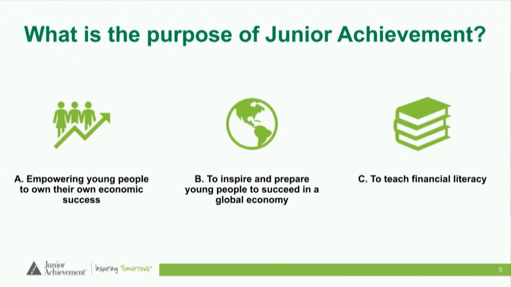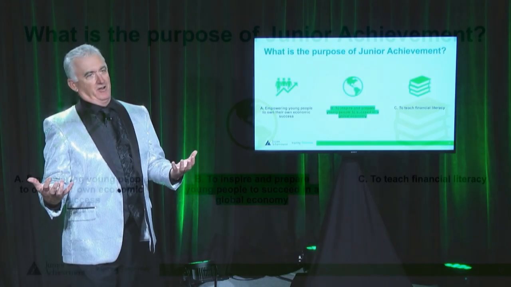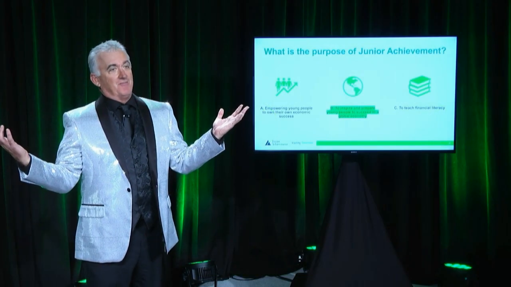I see the answers are coming in. And the correct answer is B, to inspire young people to succeed in a global economy. We're not just local anymore, although local is important. It's about being able to see the big picture. And with COVID-19, my goodness, it is a global pandemic, and we're in a global business economy.